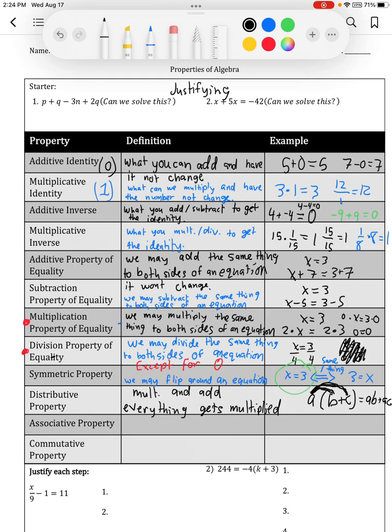All right. The associative property states that when in the same step, we may multiply or add in any order.